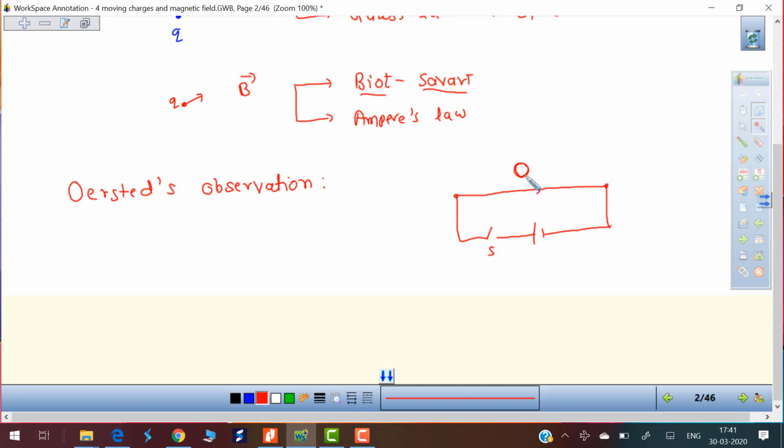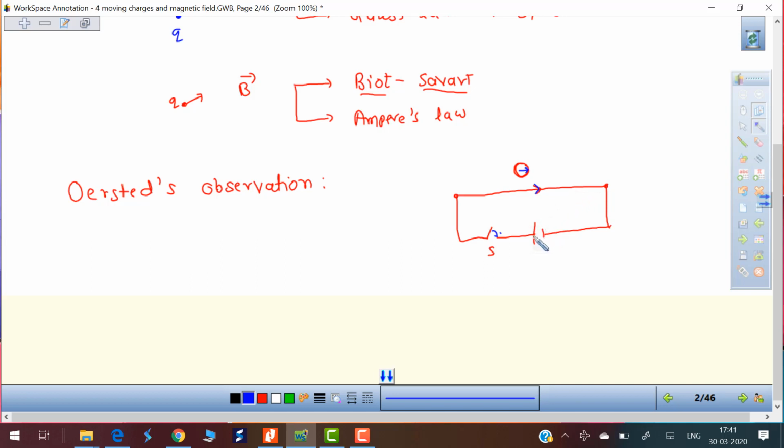If there is no current, then the needle is settled parallel to it. But as you pass the current by switching on, this needle shows a deflection. So Oersted concluded that this deflection is due to the current passing through the conductor.